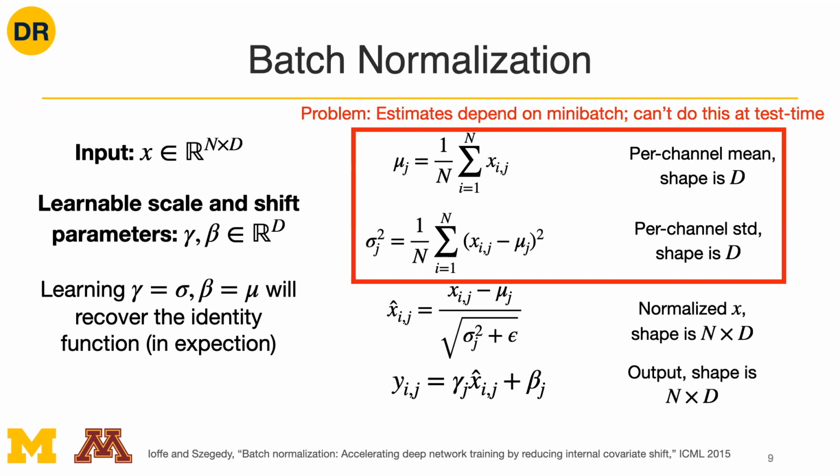One other thing to note is you want to think about it both from the training point of view and the testing point of view. During training, especially when you're using SGD, you have a mini batch, and whenever you're computing this mean and variance, you're computing for that mini batch. Whereas during testing time, you don't want to do that because you don't want to look at two different test samples and normalize across them.